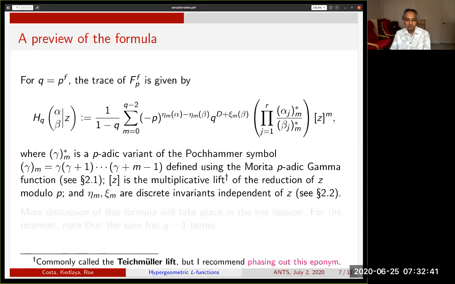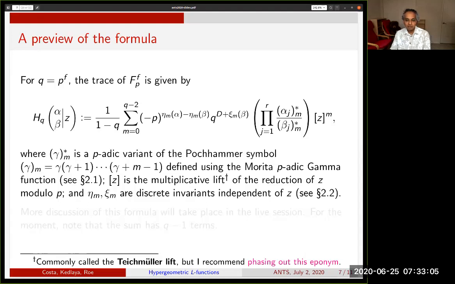The other factors are some sort of combinatorial factors that appear here. These only depend on alpha and beta. There's this thing that is something like a product of Pochhammer symbols. This again looks like factorial ratios, except its computation involves the Morita p-adic gamma function. This is the contribution from the Gross-Koblitz formula.